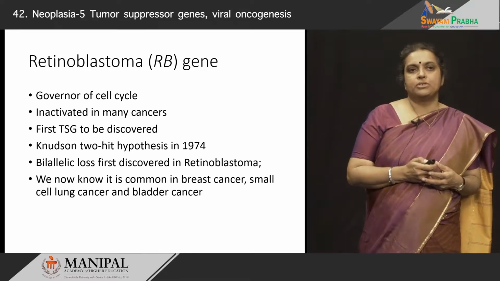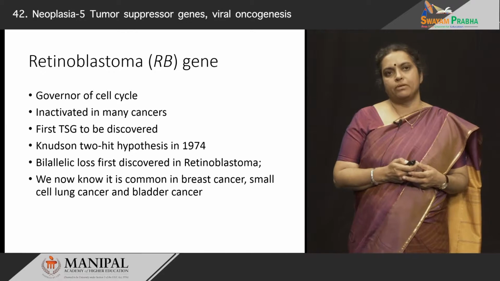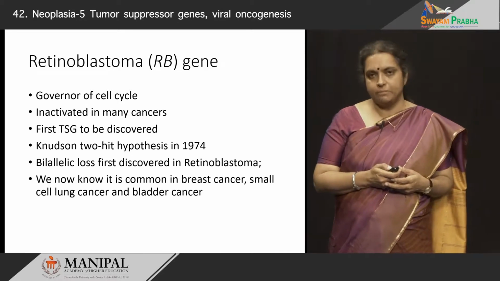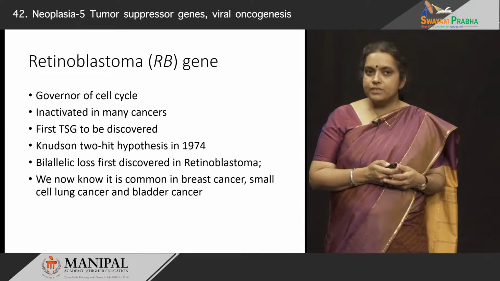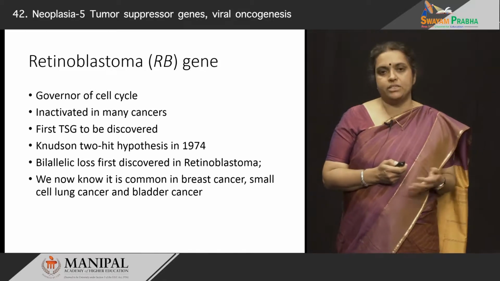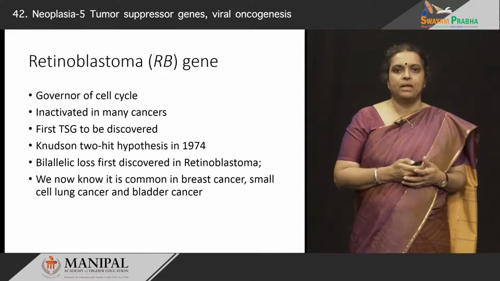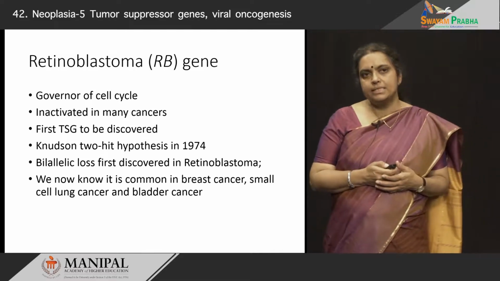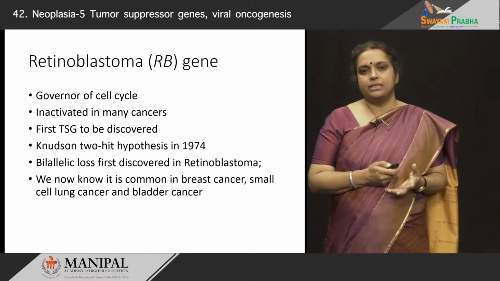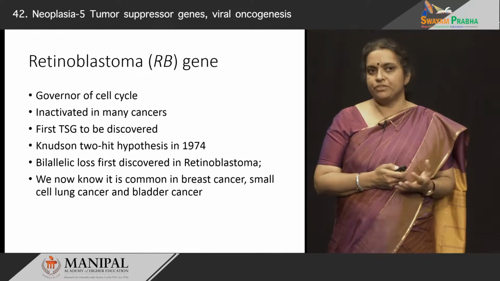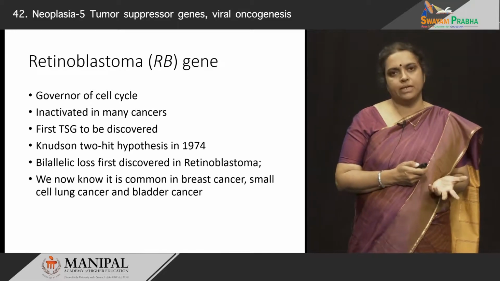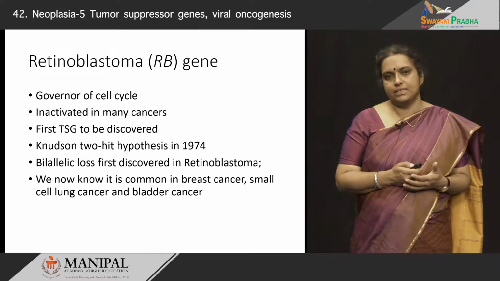Now, the retinoblastoma gene is a very important tumor suppressor gene that was first detected, as the name suggests, in the very rare disease called retinoblastoma. Retinoblastoma is a disease that occurs in children, and it is an abnormal proliferation of immature retinal cells that becomes cancerous.